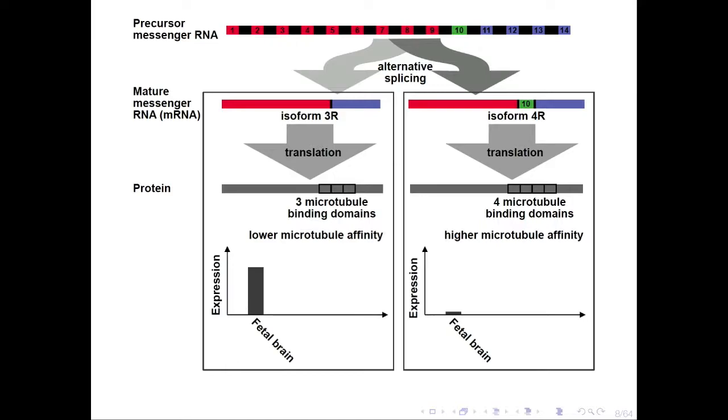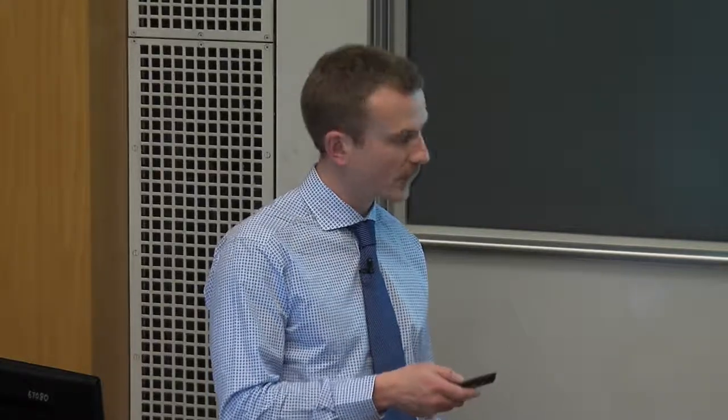In healthy development, in the fetal developing brain, you see almost exclusive expression of the 3R isoform and almost no expression of 4R. Whereas in healthy adult brain, you see an almost 1-to-1 ratio of the two isoforms. So this is an example where in healthy development, there's variation in the splicing choices that are required for healthy neuron function.